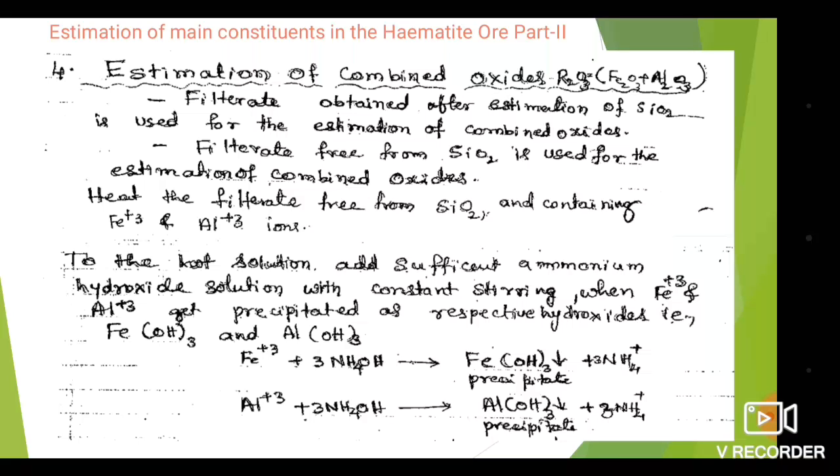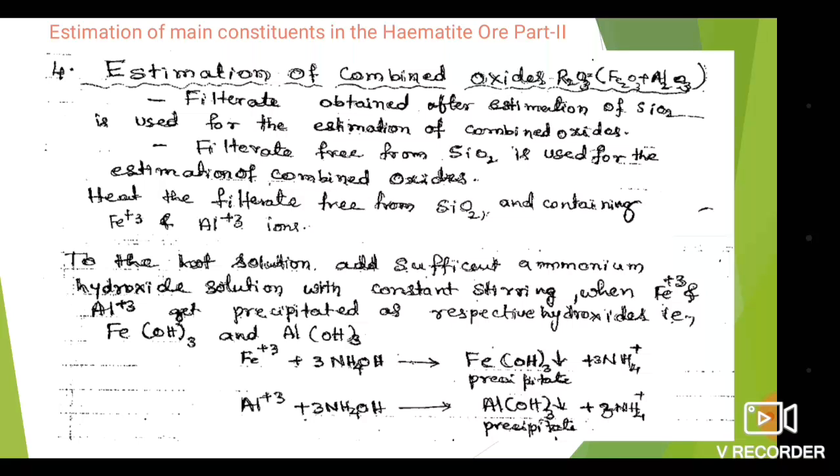So the filtrate obtained after the estimation of SiO2 by filtering, that is the residue. In the last lecture we already learned about the estimation of SiO2 from the hematite ore, by dissolving the ore, fusing the ore, and after filtration, incineration, drying, and ignition, whatever residue is left is measured and weighed.